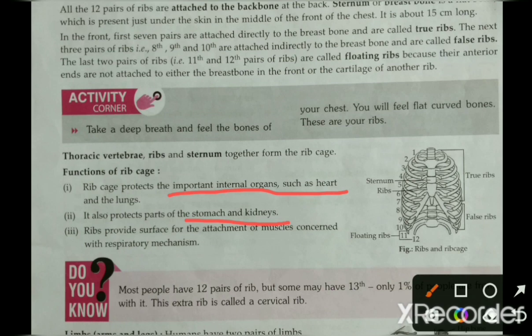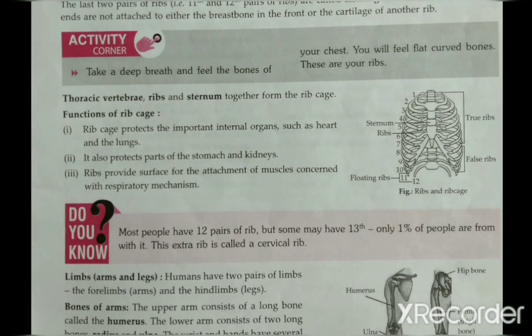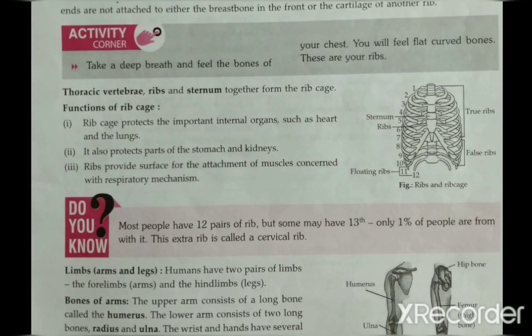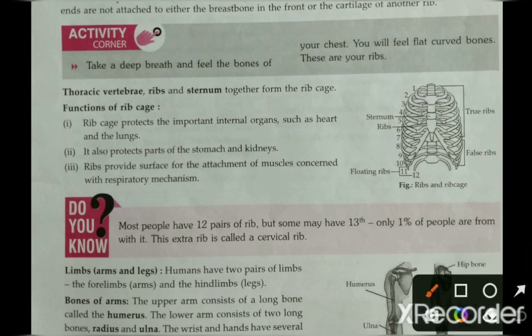And these ribs also provide the attachment of muscles concerned with your respiratory mechanism. So below the rib, this part, you have a thin muscular sheet called the diaphragm. Okay, so this diaphragm helps us in the movement of the lungs by moving upward during exhalation and moving downward during inhalation.